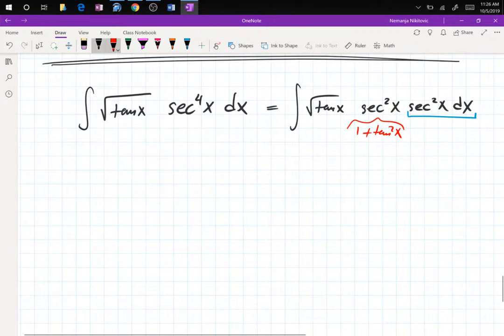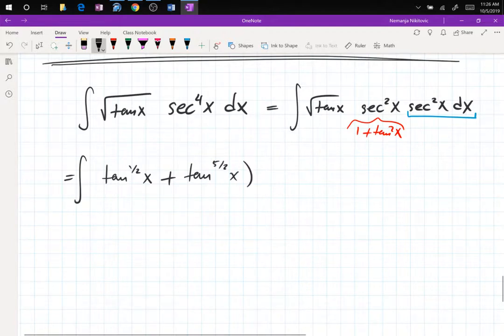And now we can distribute and multiply to get this. So the first one is tangent to the 1/2 x, and the second one is plus tangent to the 1/2 times tangent squared, which is tangent to the 5/2 x, and then dx. So this is what we have.